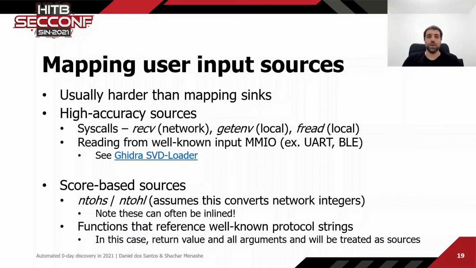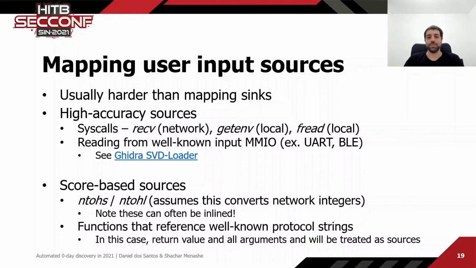There's a very cool Ghidra plugin called SVD Loader, which I highly recommend, which you can give the board name and, using public data, it maps out the addresses to the actual peripherals. So that's really useful. Other than the high-accuracy sources, we also have score-based sources, where we try to accumulate a couple of these before we say, okay, this is probably user input.